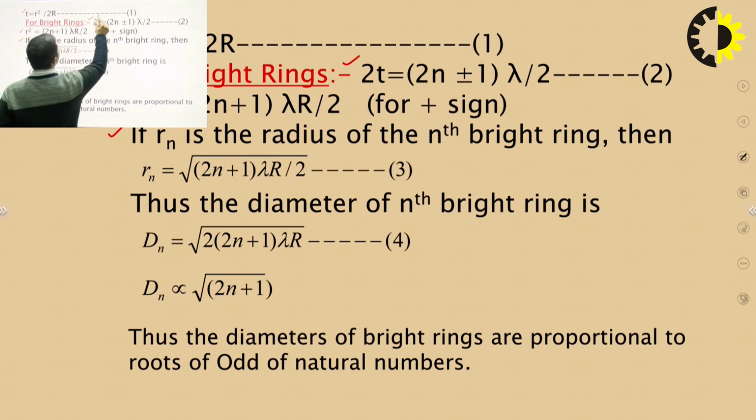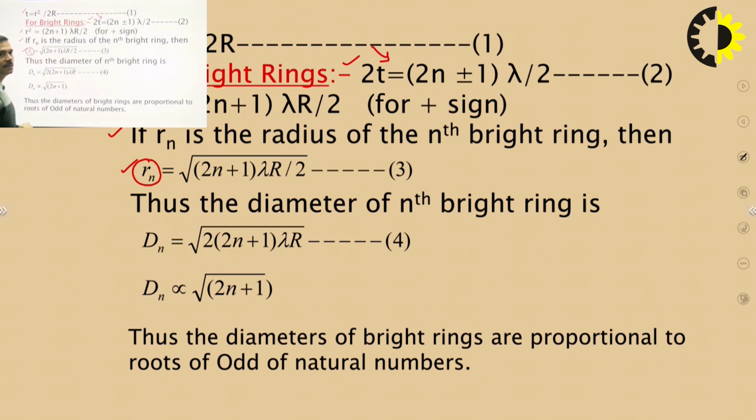Basically, what we did here is T is replaced with r square by twice R. If we simplify that, we will have the radius of the nth bright ring. So rn represents the radius of the nth bright ring, and the expression will be root of (2n plus 1) into lambda R by 2. Here lambda and R are constants basically.